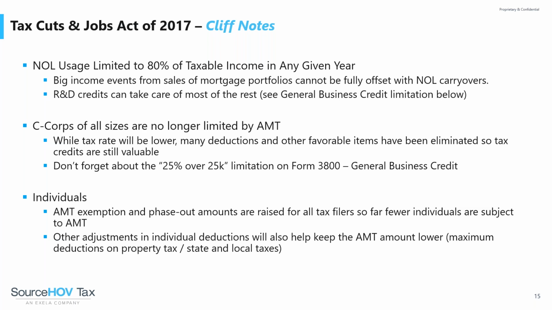Well, the Tax Act said that any NOLs that are created, any losses created in 2018 and forward, no matter how big they are, when you go to use them, they can only offset in a given year 80% of that year's taxable income. So even if you have NOL carryforwards, you're always going to still be subject to tax on 20% of the remainder of income.